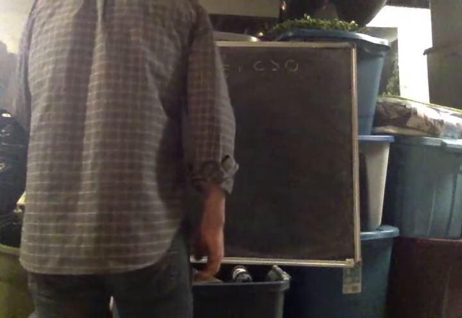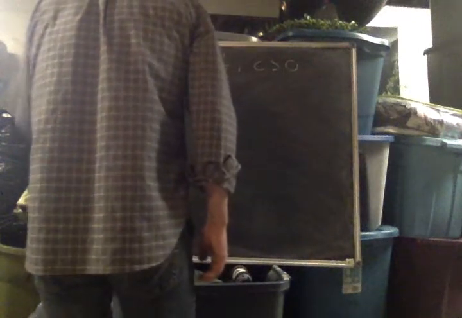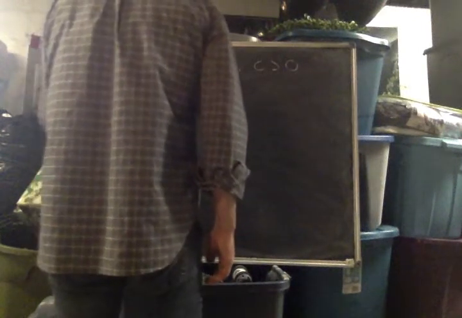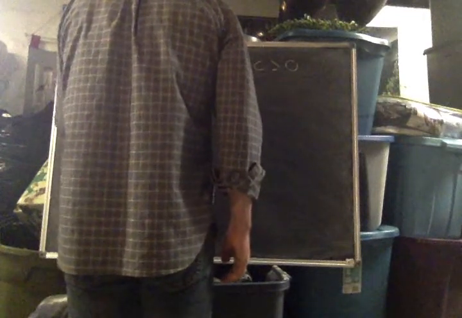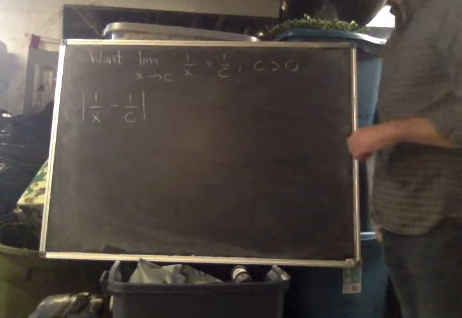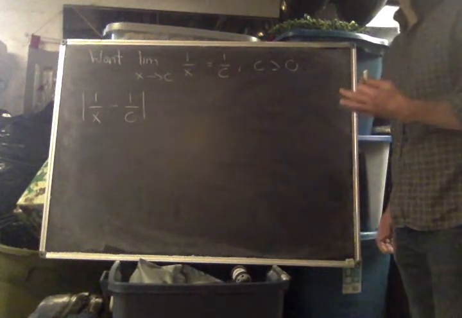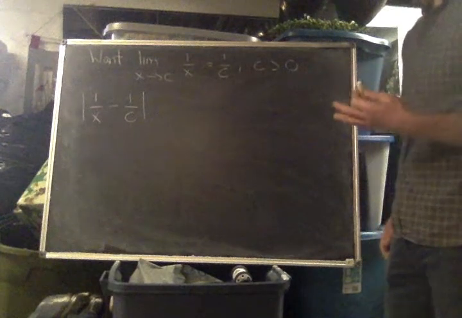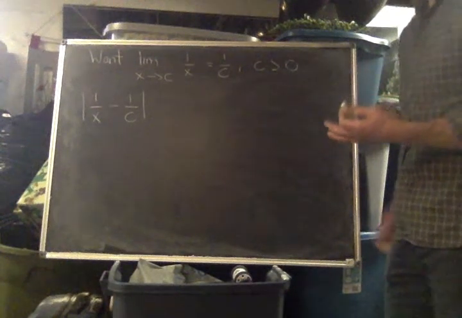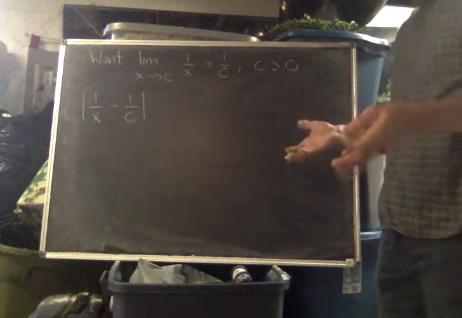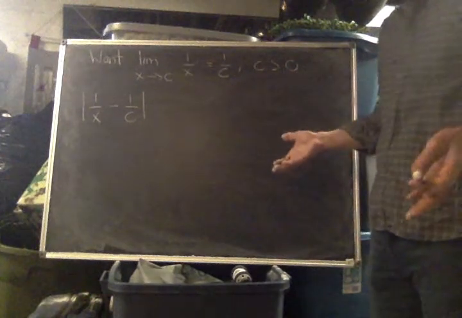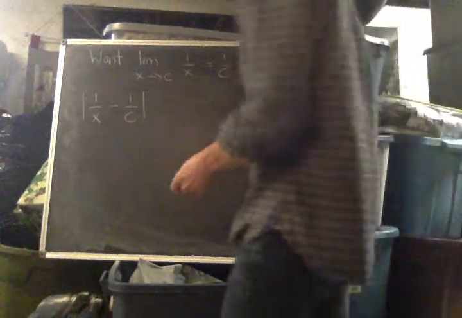Okay, and so what we have to consider, as I mentioned, is this difference: the function f of x, which is 1 over x, minus what we think the limit is, which is 1 over c. And you want to massage this thing algebraically so that the absolute value of x minus c appears in there somewhere, because that's the thing you can control. Okay?